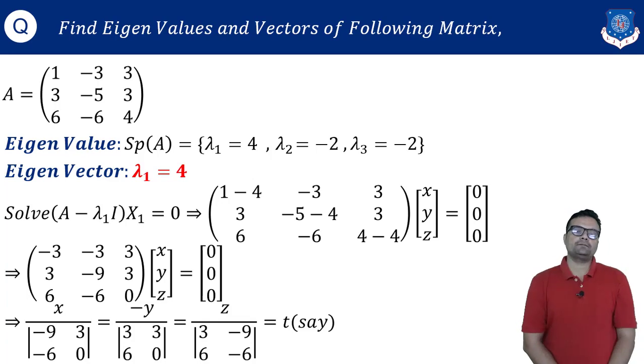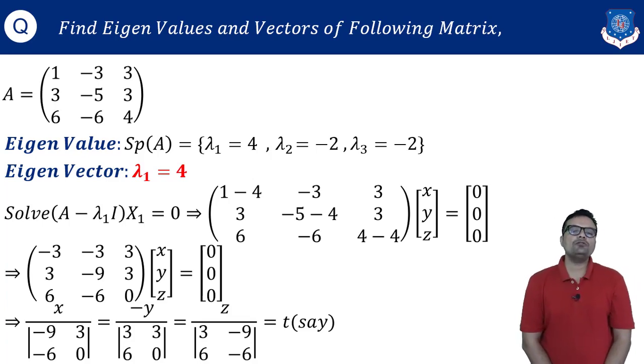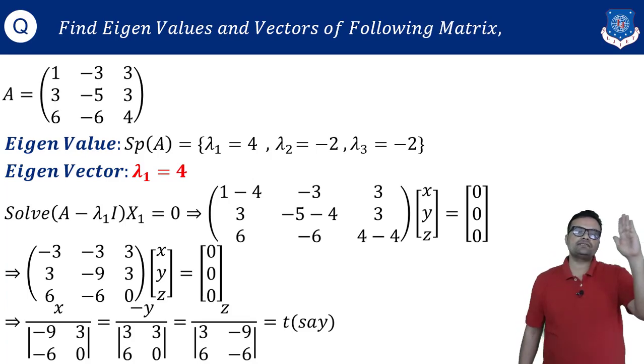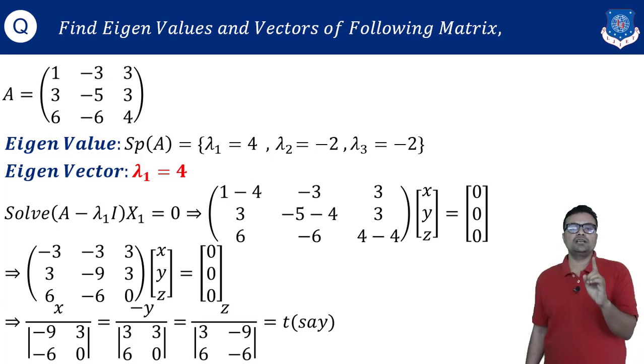Coming to the next part, eigenvectors. As I told you, you will find eigenvectors one value at a time. So we have two different categories of eigenvalues. One is 4, another is minus 2. At this point, spectrum of A contains lambda 1 equal to 4, it is coming only one time.